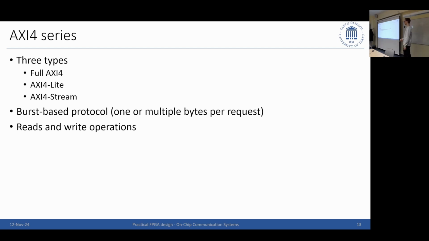So you can also do it like this. And it's generally a burst-based protocol. So you configure on each communication how many bytes you want to send with one burst, and that can be flexible. And it has read and write operations based on these bursts.